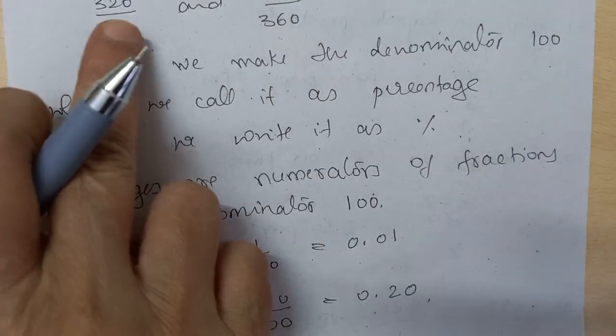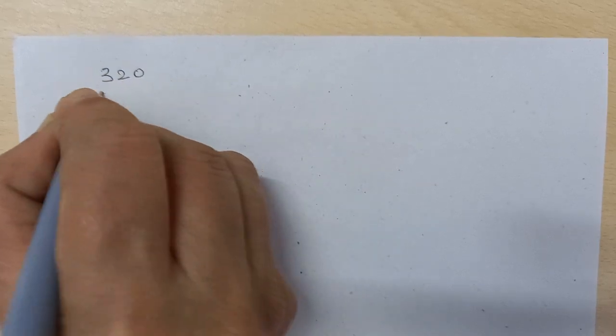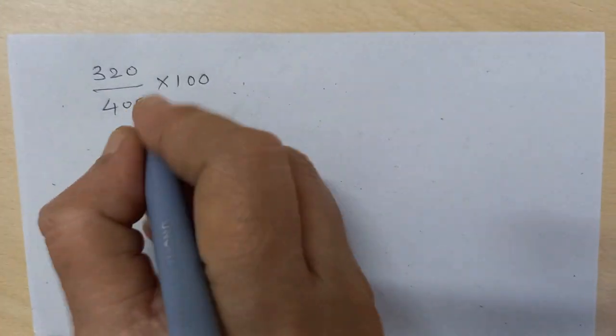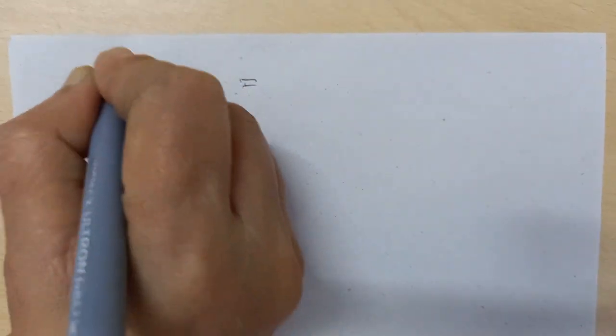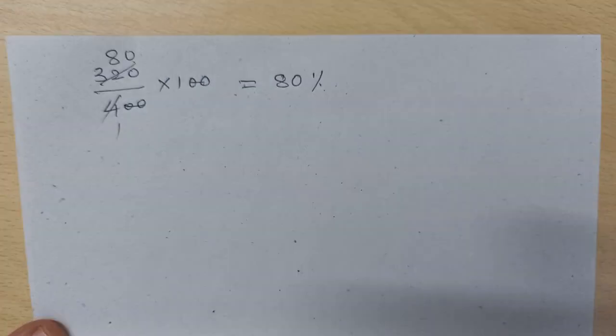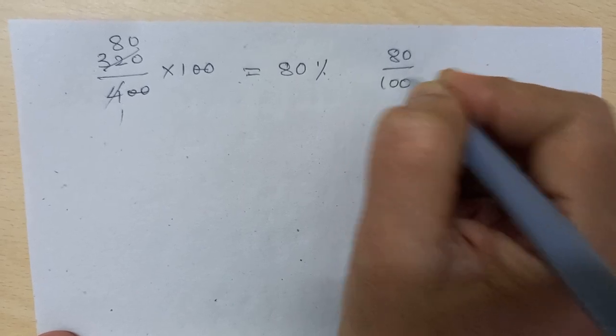Now, how to write these numbers as percentages? 320 divided by 400. To write them as percentages, we will multiply by 100, so that we get 4 ones are 4, 80s are 80%, means 80 upon 100.